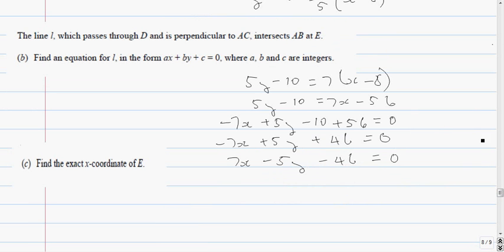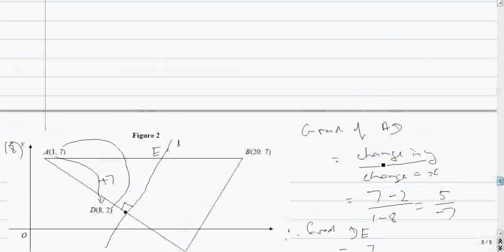Right, we've now got to find the exact coordinates of E. Now you'll notice here it says 1, 7 and 27. So we know that the second coordinate is 7, and we've got to find what that is basically. That's what we've got to find. So if we put 7 into the equation of the line DE, we're okay.